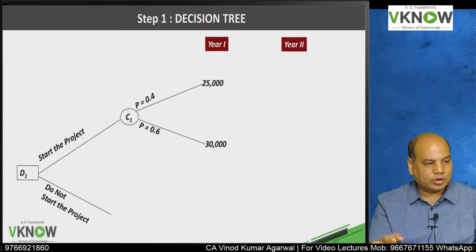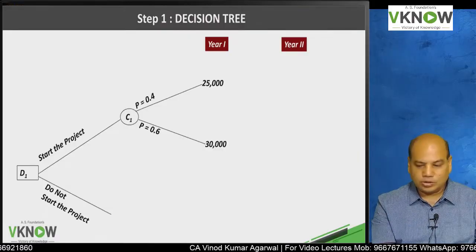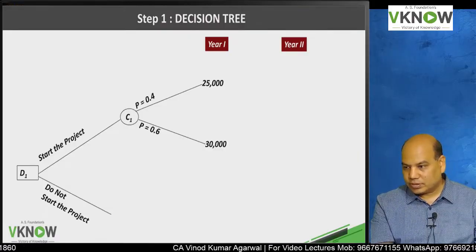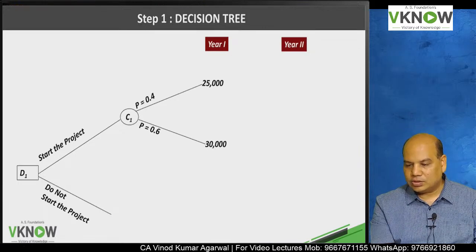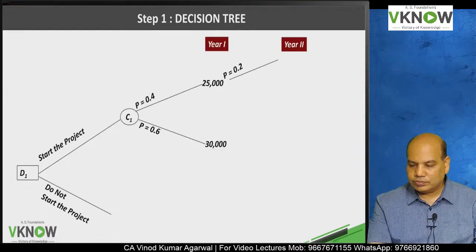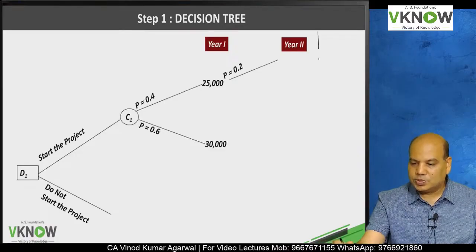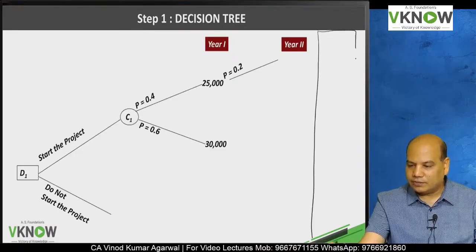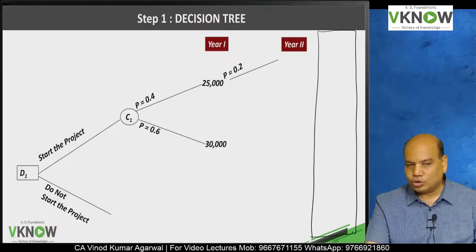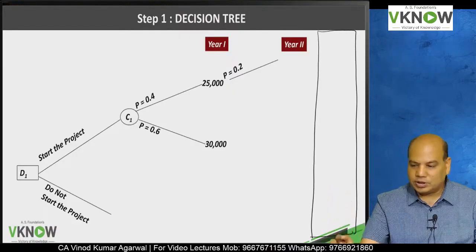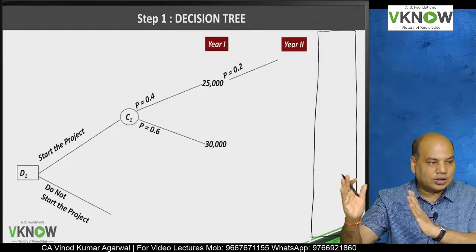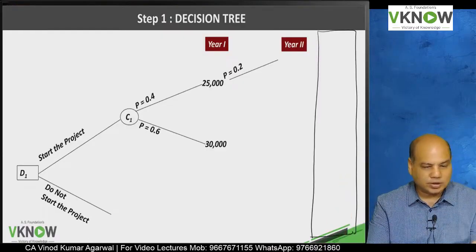Both numbers should be on a straight line, one below the other, and it should come below year 1. Year 2, and you need some space here also, I need half an inch space here also, so don't go to the extreme corner of the page, keep 1 inch blank on the extreme right side of the page.